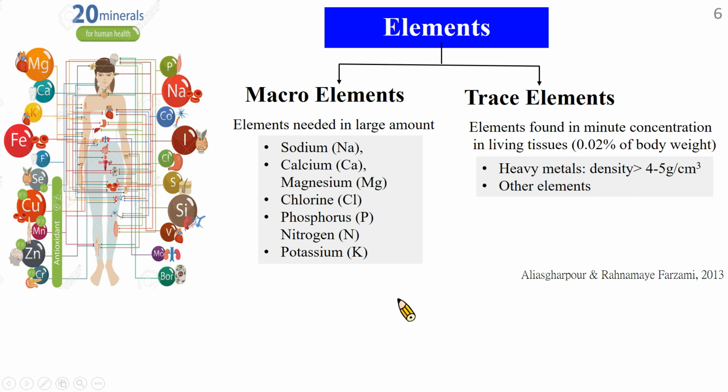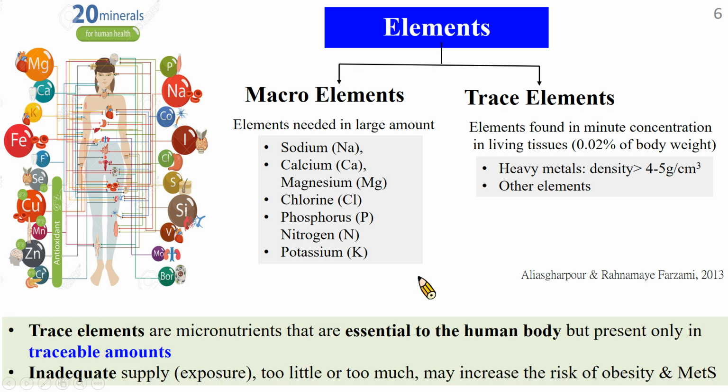We can subdivide elements into macro elements and trace elements. That depends on the amount of elements in our body. So for example, trace elements are micronutrients that are essential to the human body, but present only in traceable amounts.